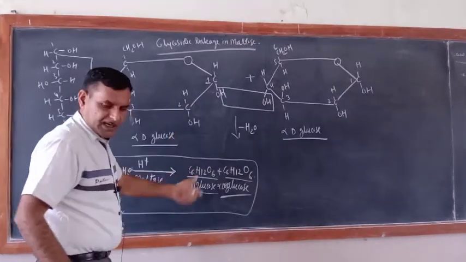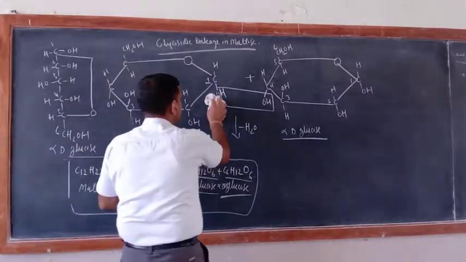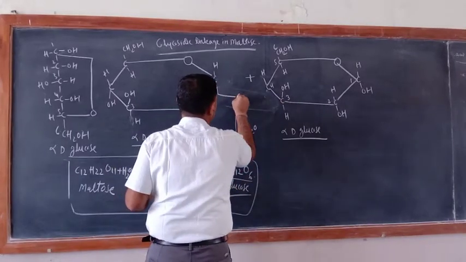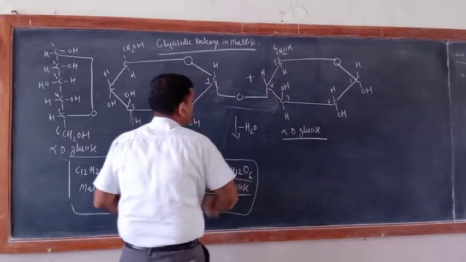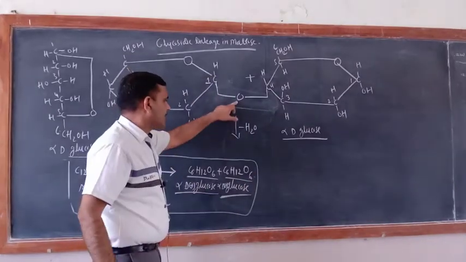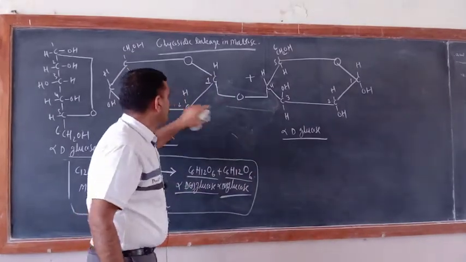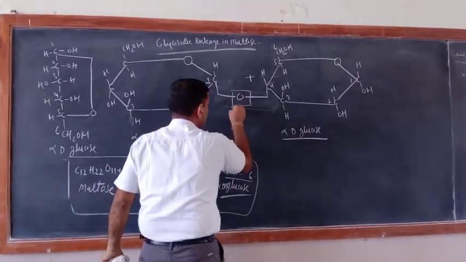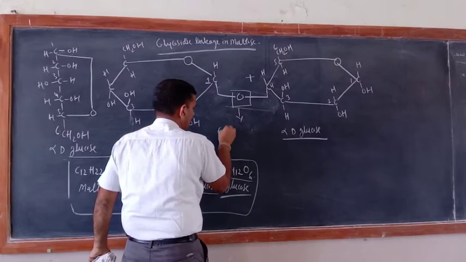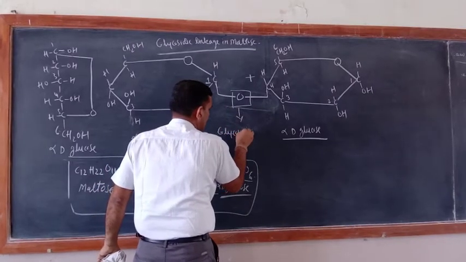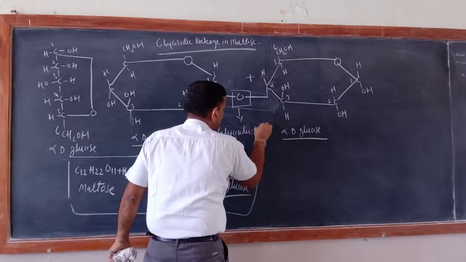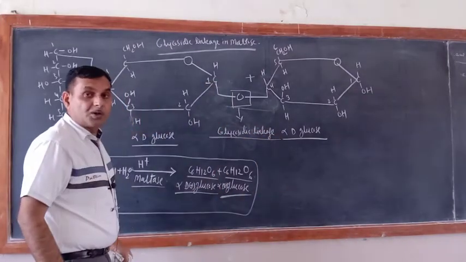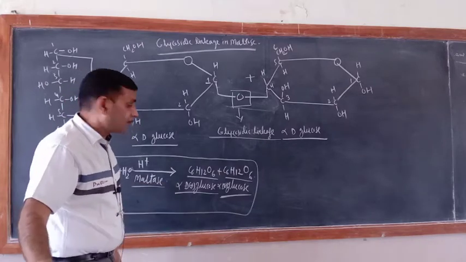Now I will not make it again. Just see what I will do. This is H2O removed between this one and this one. This oxygen atom is holding both monosaccharide units together. So this is the glycosidic linkage. What is this? Glycosidic linkage between two monosaccharide units in maltose, and both monosaccharide units are alpha D-glucose.